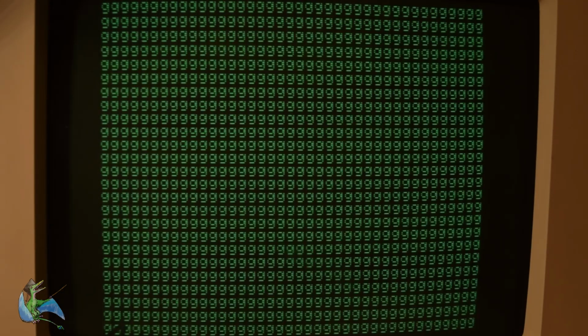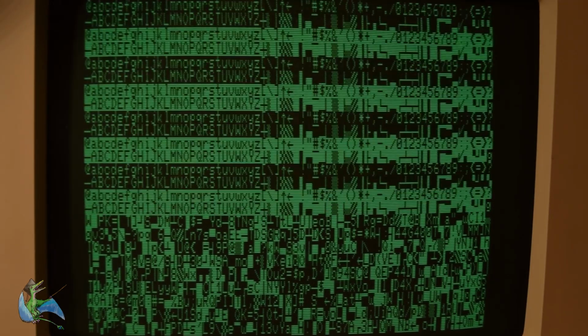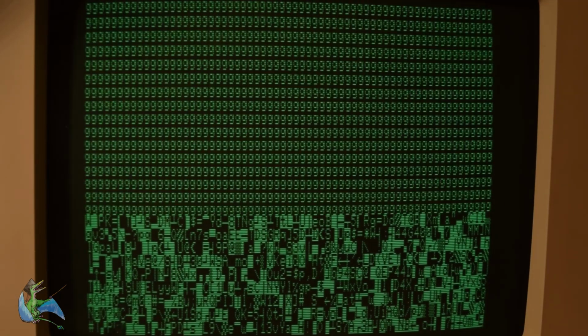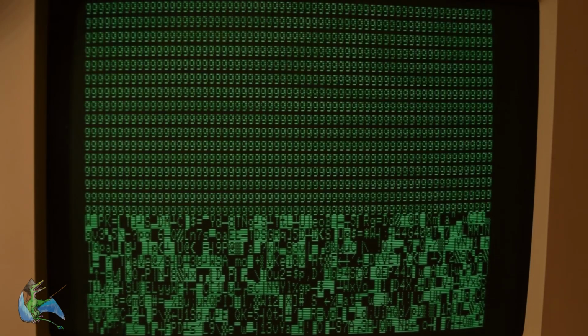So there we go. It's a computer now. I think future installments will concentrate on the computer.